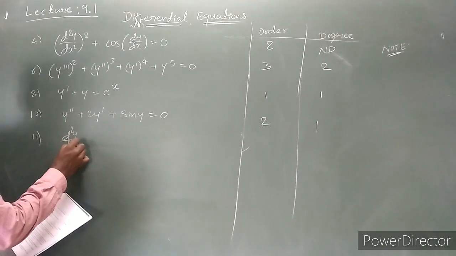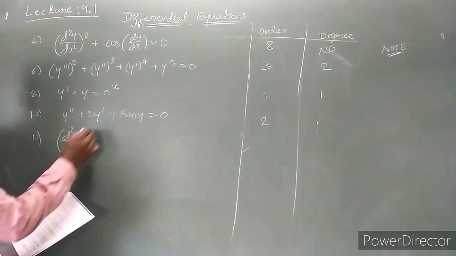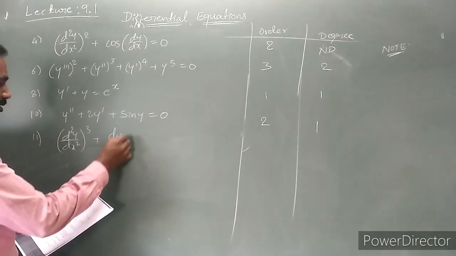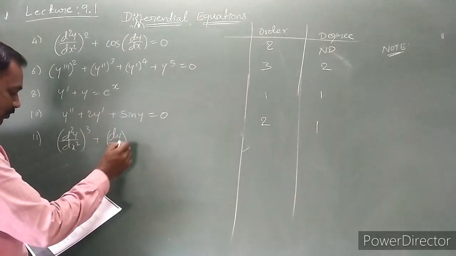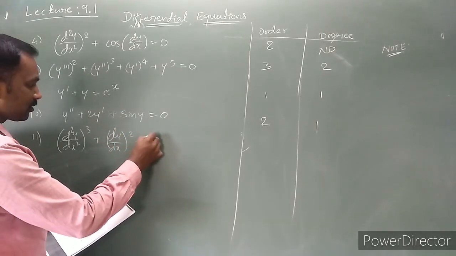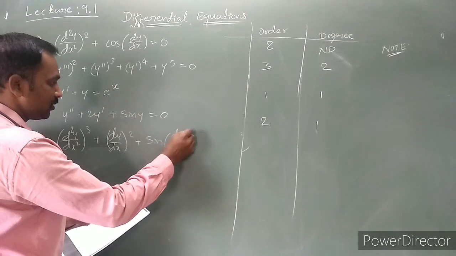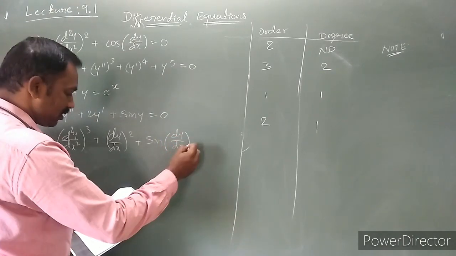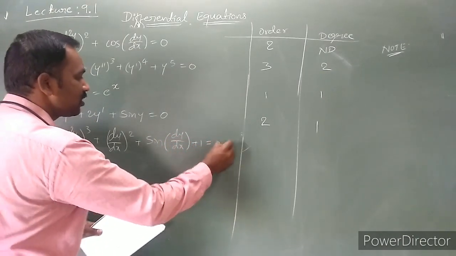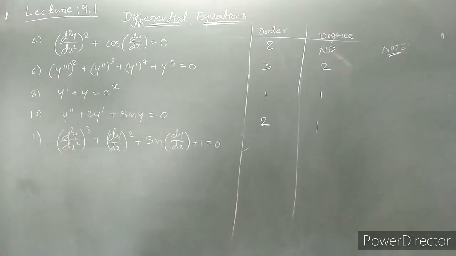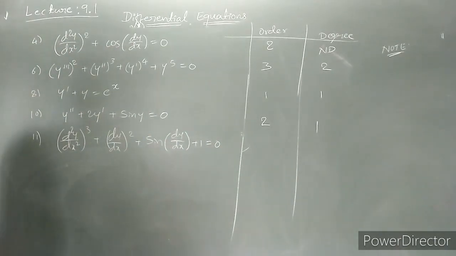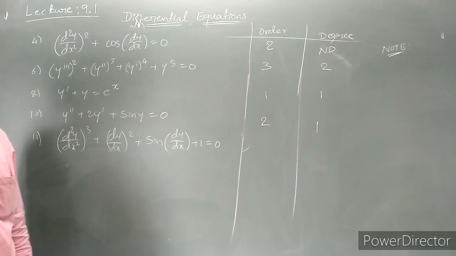(d squared y by dx squared) whole power 3 plus (dy by dx) whole square plus sine of dy by dx plus 1 is equal to 0. What is the order and degree of the differential equation?